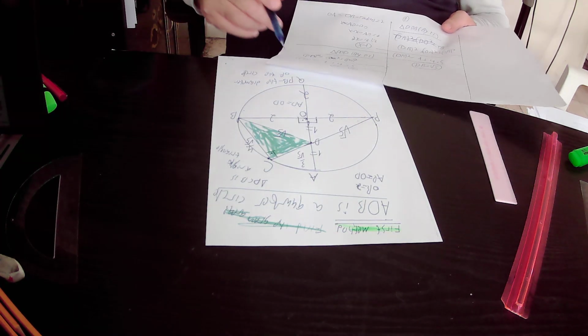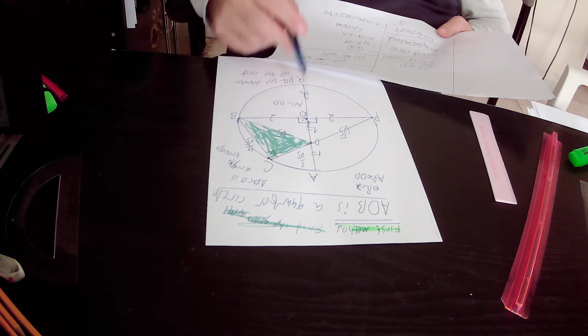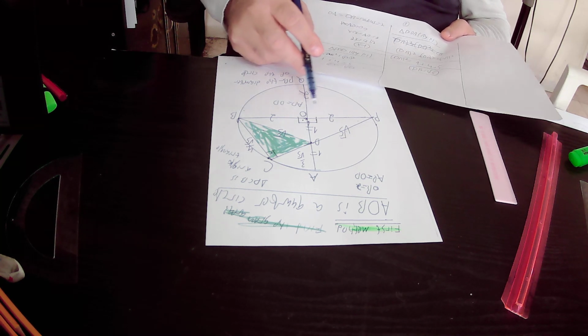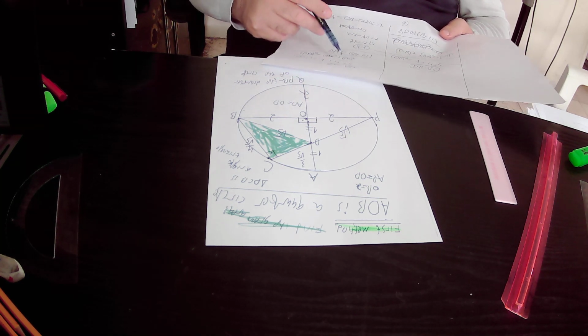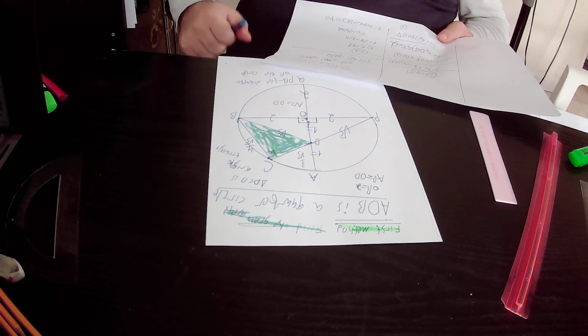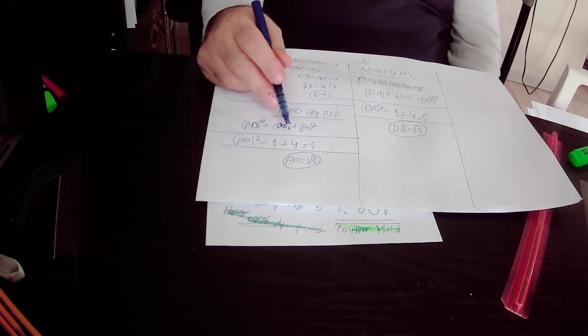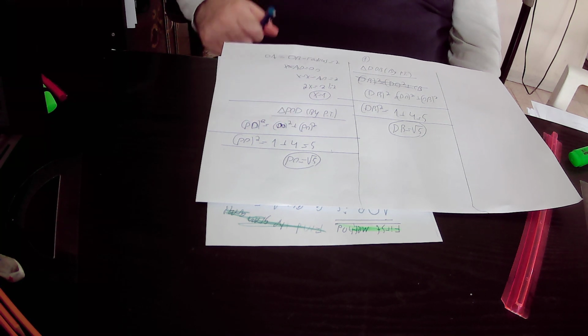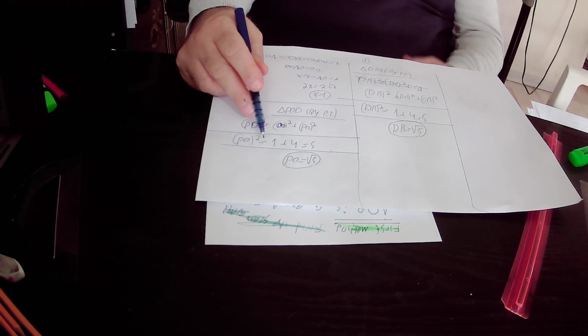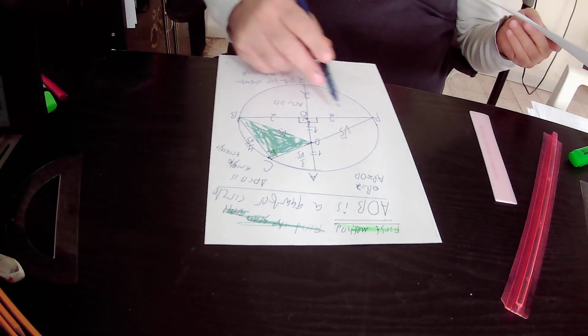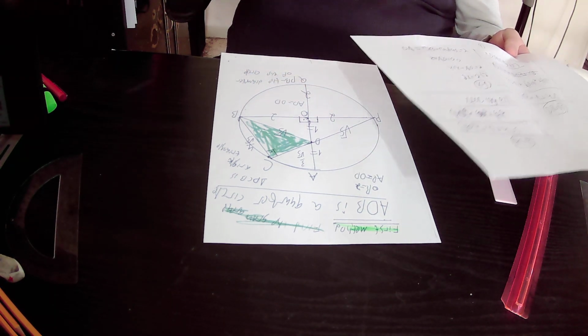OD is 1, so OD squared is 1, plus PO squared. PO is 2, so PO squared is 4. So PD squared equals 1 plus 4, that is 5. We took the root of this equation and found that PD equals the square root of 5 units.